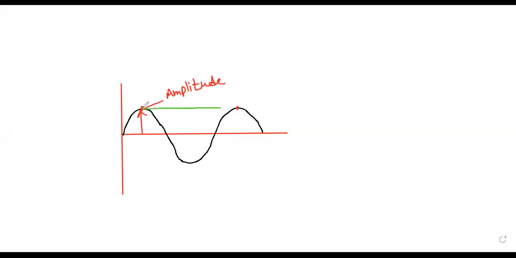Now the distance between these two, this I had already mentioned, that is wavelength, the length of a wave, right? That is denoted by lambda. And from this point to this point, that is called one wave, we can say.